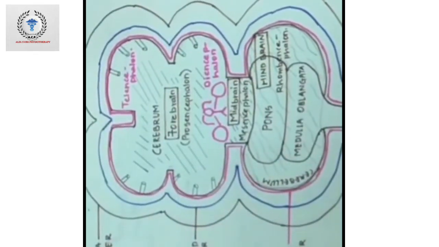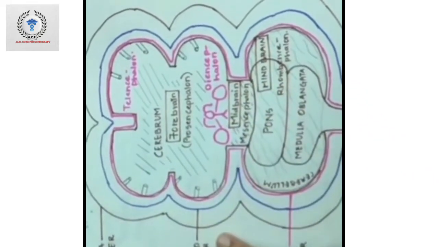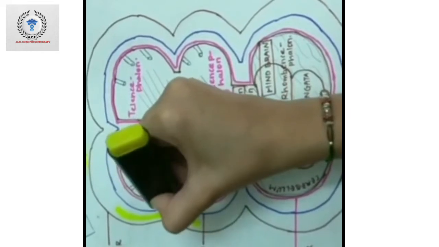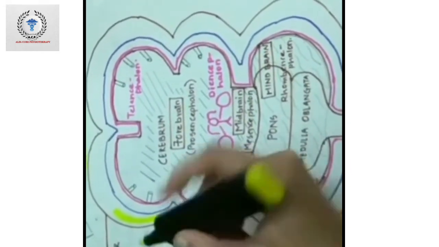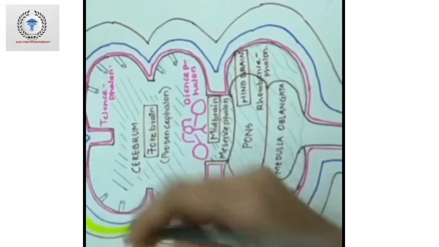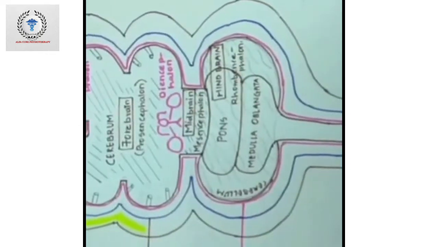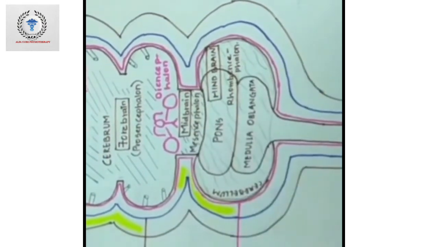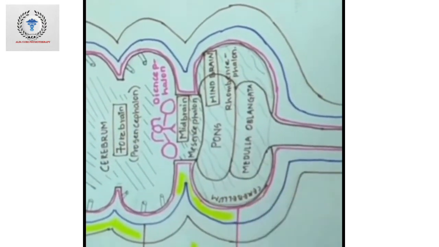Between the dura mater and the arachnoid mater, there is presence of subdural space. Between the arachnoid mater and the pia mater, there is presence of subarachnoid space.